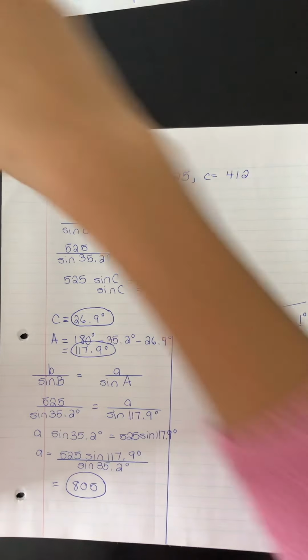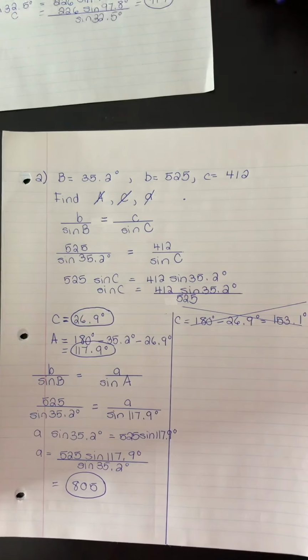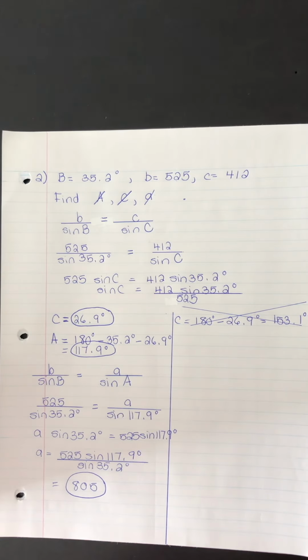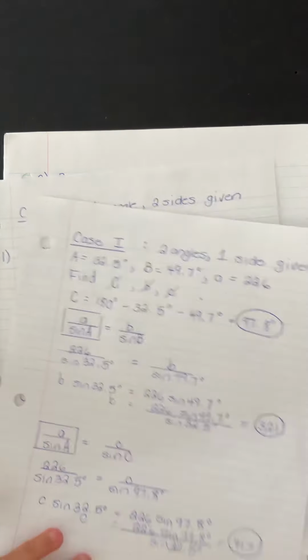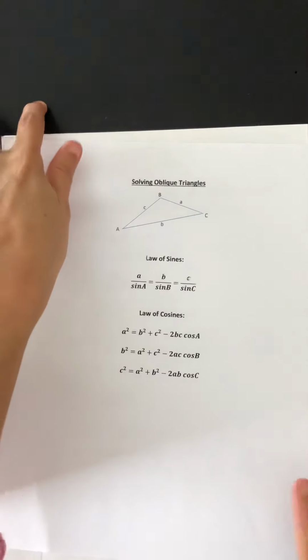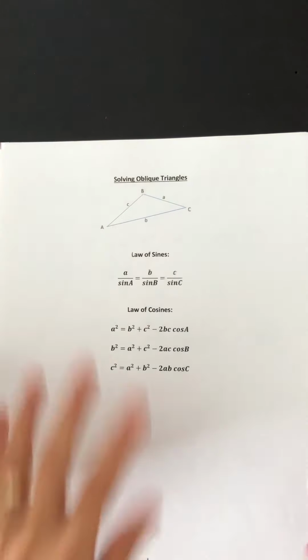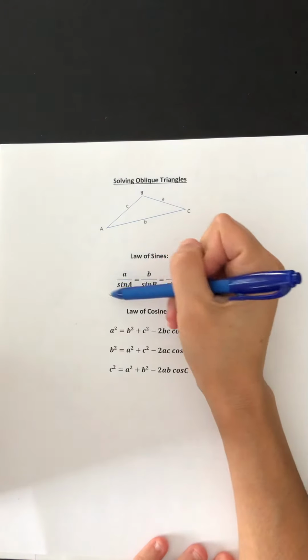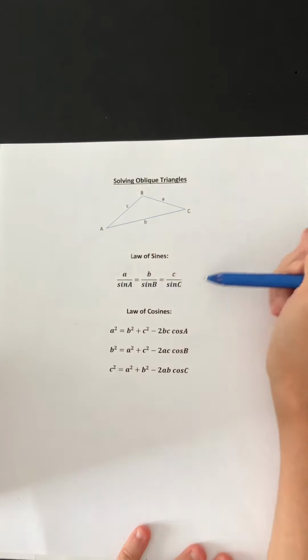Okay, so in this video today, we looked at solving oblique triangles, and we concentrated on the first 2 cases. Those cases allowed us to use only the law of sines.